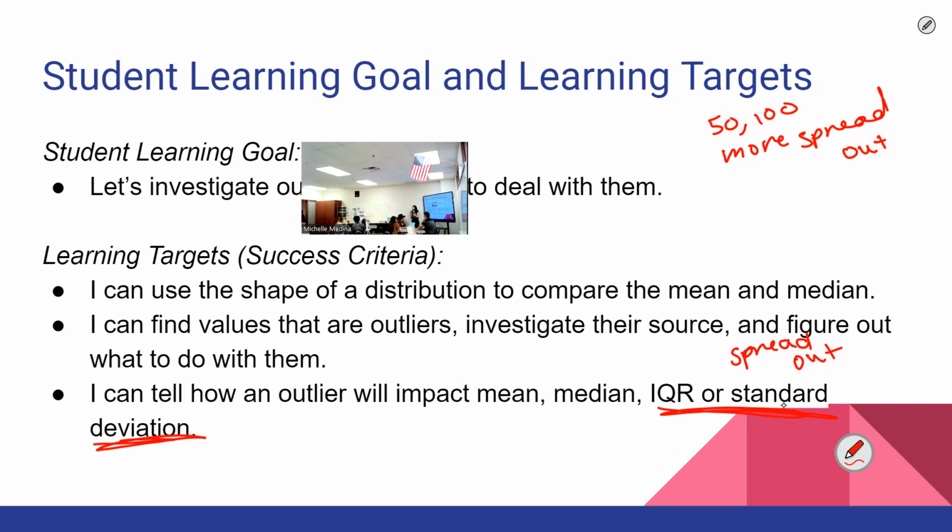But if you're making the data more spread out by adding outliers, you can expect the standard deviation to increase. So questions on that? All right, the activities are supposed to help with that, but I feel like today you should really take time to tie it all together.